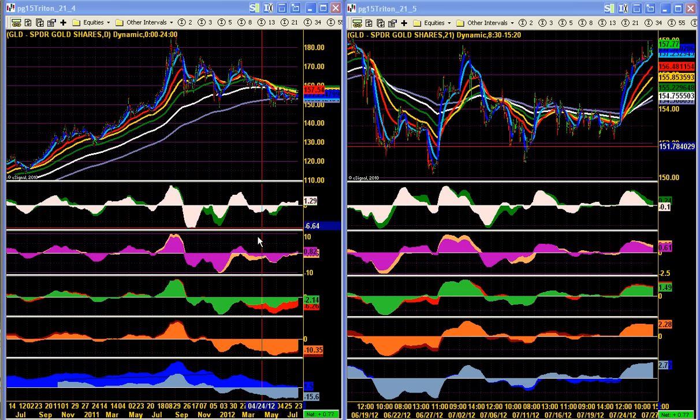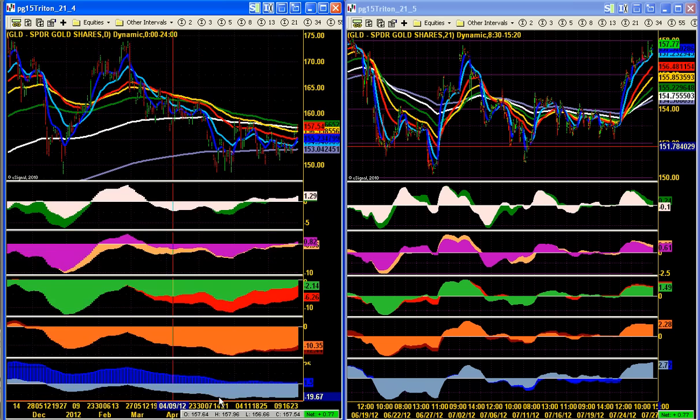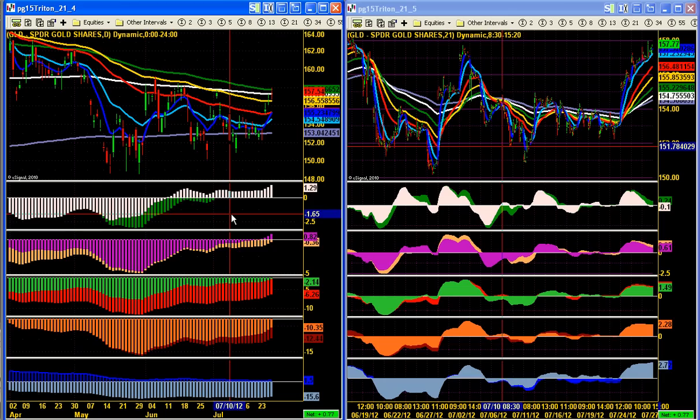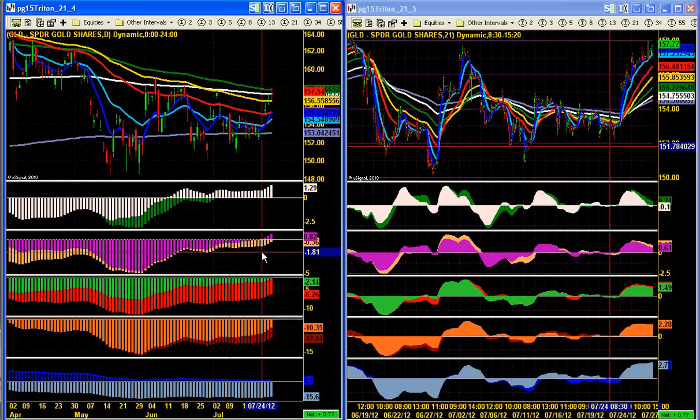GLD on the daily has been basically going sideways 3 or 4 points for the last 2 months. It looks like the bias might be turning to the upside. I see T2 is coming above zero, and it actually did that when the stock was, let me see here.